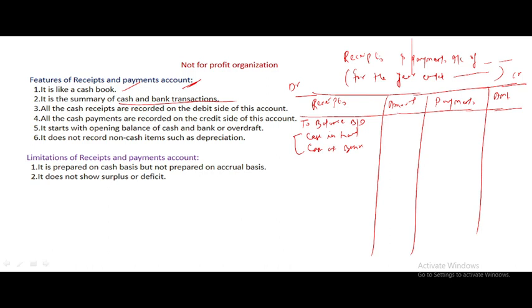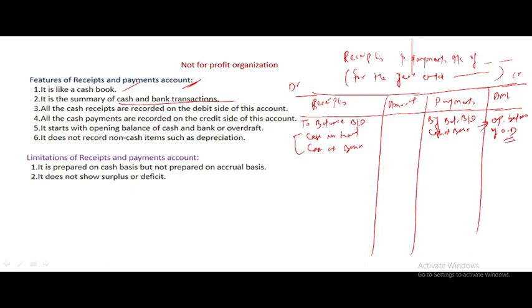These are the opening balances of cash and bank. If an opening overdraft is given, then we write on the credit side on top "by balance b/d, cash at bank".